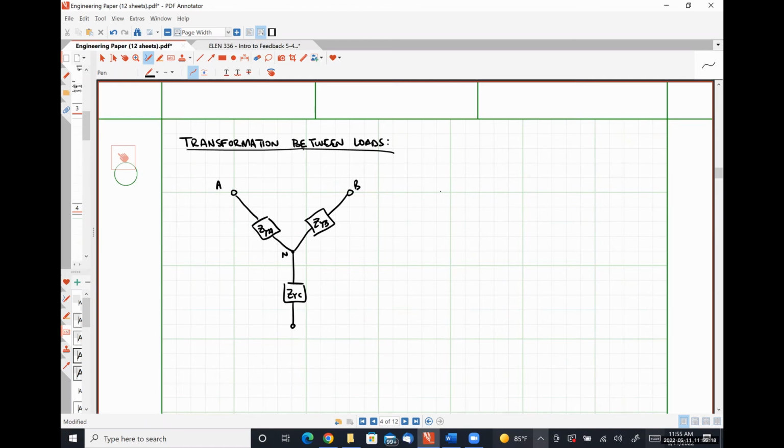And we also have a delta connected load. Let's call this Z delta A, Z delta B, and Z delta C. Okay.